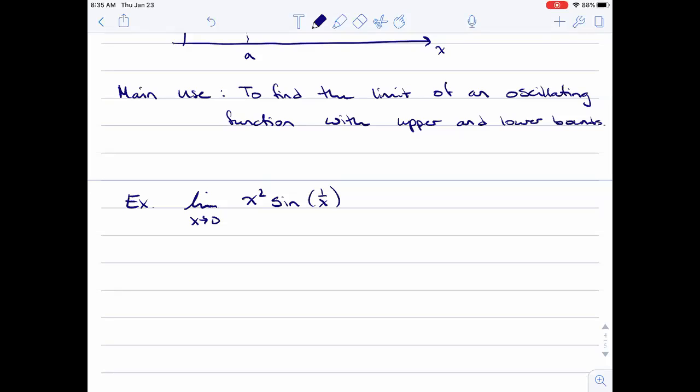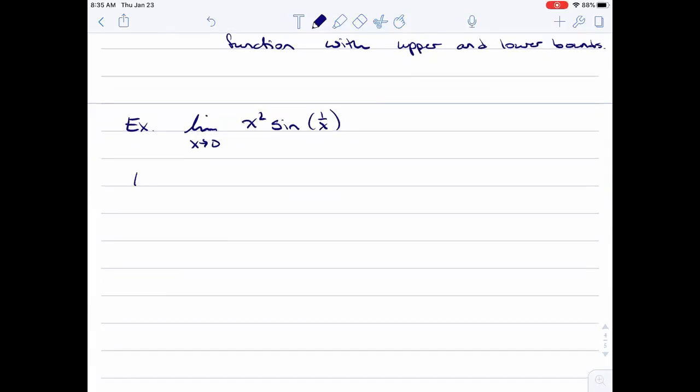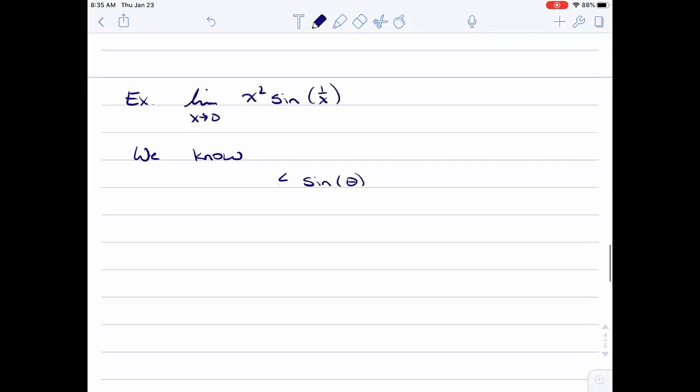We know that whatever is inside the sine, it oscillates between -1 and 1. So we know that sine theta, just any sine theta, is between -1 and 1.